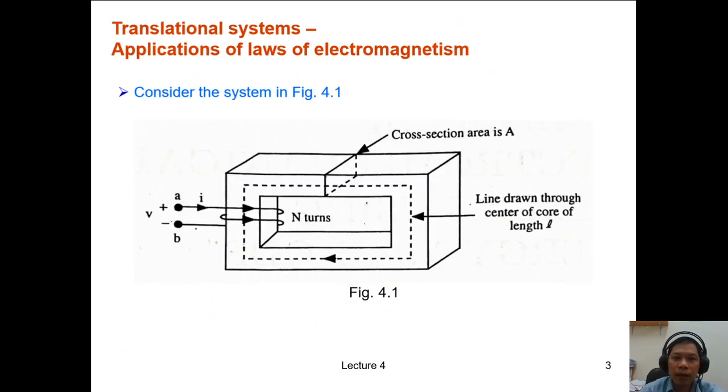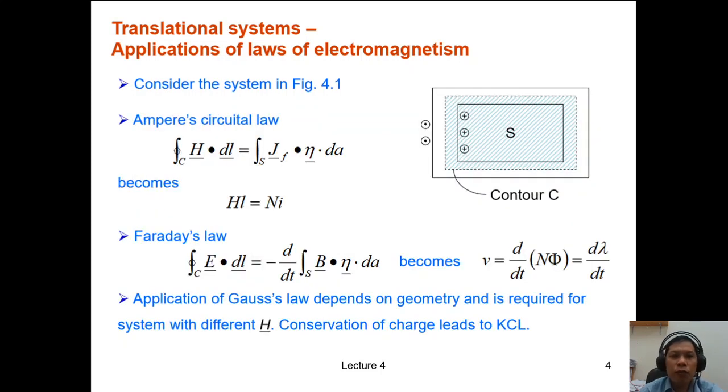So let's have a look at the system in figure 4.1. Here we have N turns with the current I going, and we have a closed magnetic core with the cross-sectional area A here, and this is the average flux line, the contour C with the length of L. If you remember, this is the model when we cut through the structure.